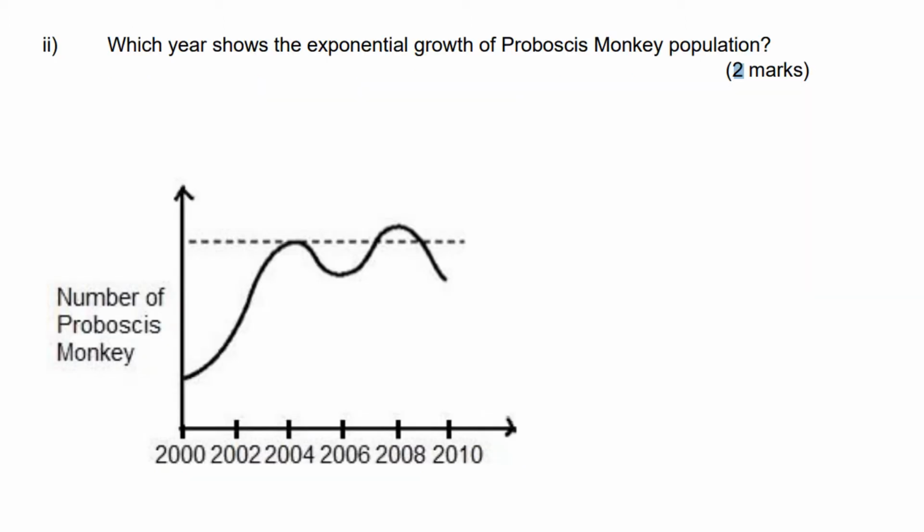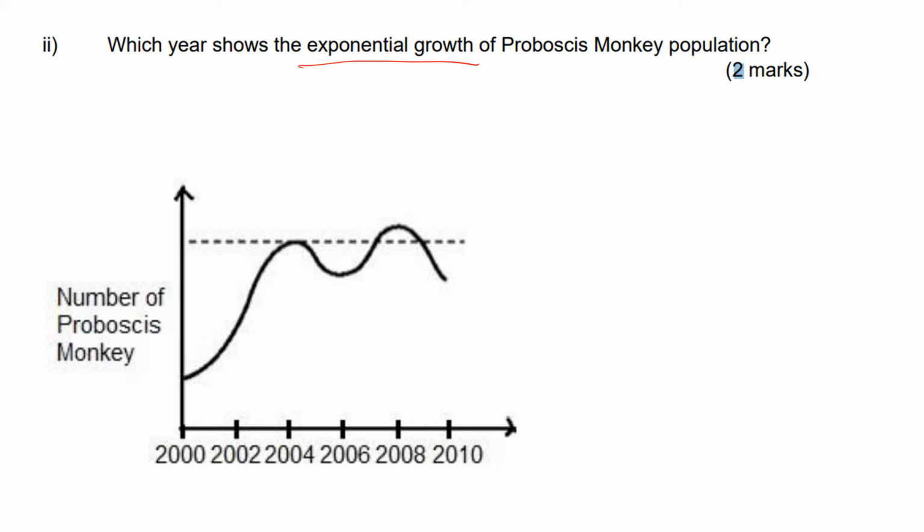Question 2. Which here shows the exponential growth of proboscis monkey population? So by looking at the graph, you have to basically understand first what is exponential growth. Exponential growth is when the population of the species will increase rapidly.